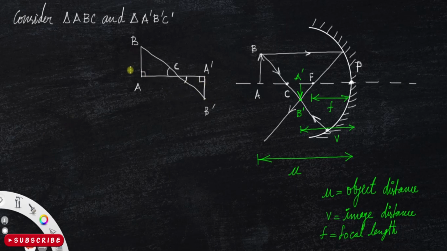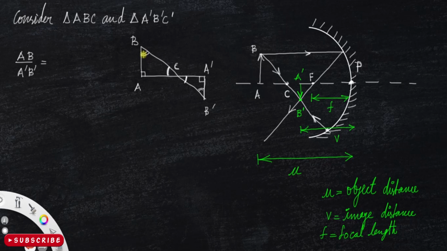So I can write the side opposite this angle is AB. AB divided by, the side opposite to this angle is A dash B dash, equal to, also when these two angles are equal, definitely this angle will also be equal.